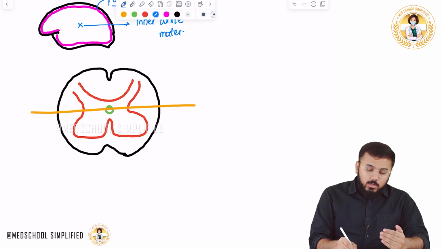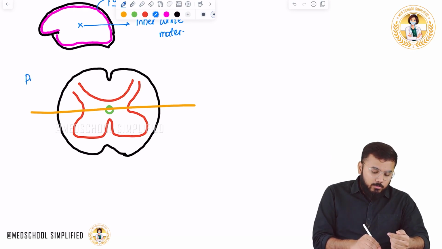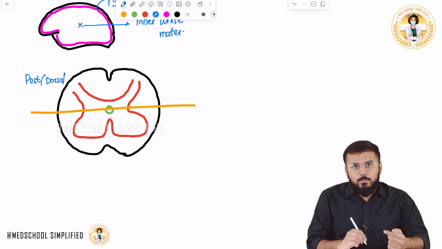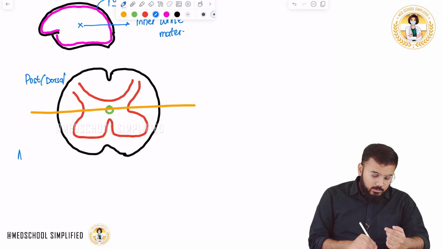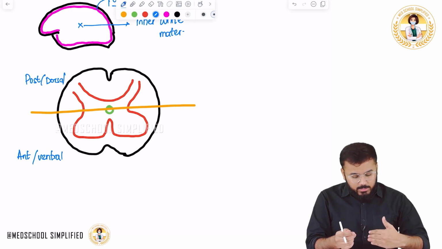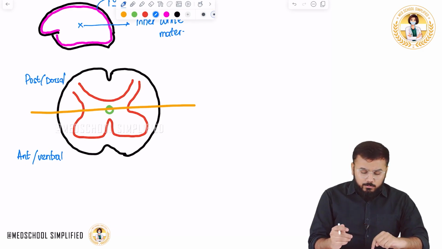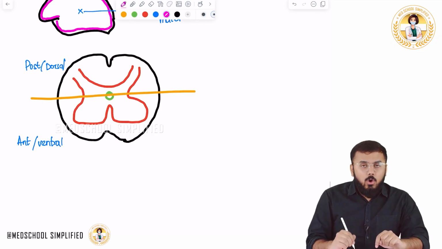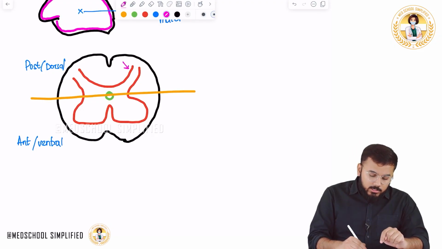Okay. Now the upper part is called the posterior part, which is also called the dorsal part of your spinal cord. Next, the lower part is called the anterior part, or you can also call it the ventral part of the spinal cord. Okay, posterior part or dorsal part. This one is anterior part or ventral part. Now, you see these horns over here. You see these two horns.